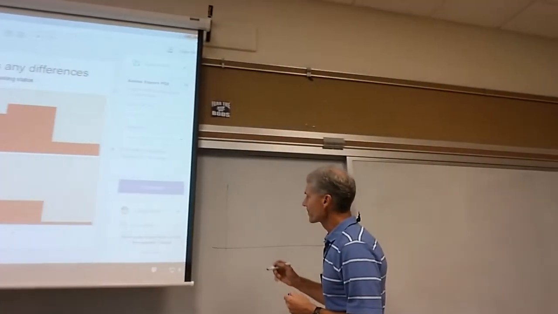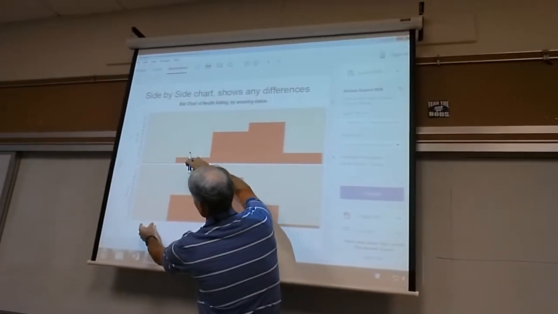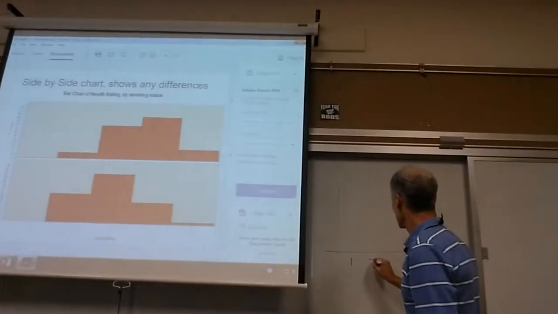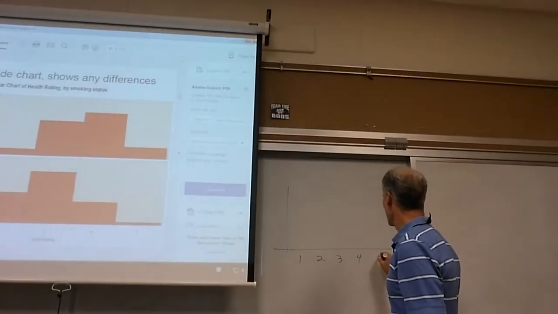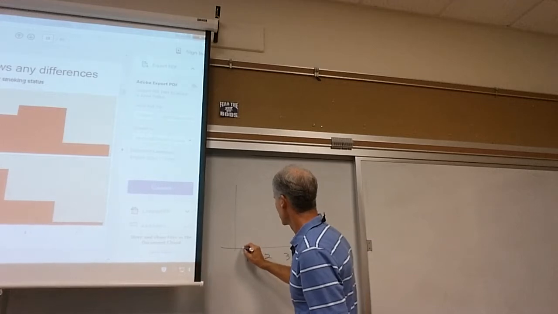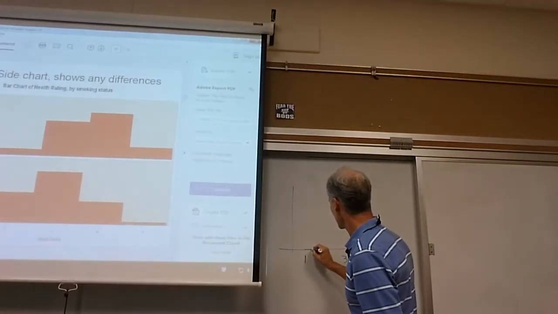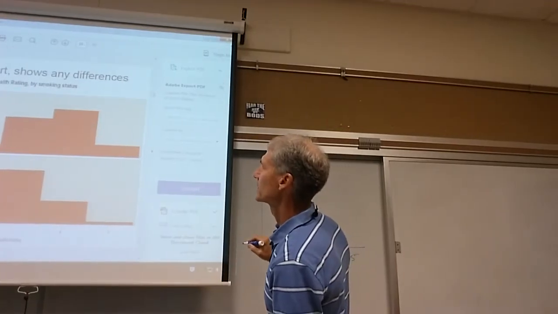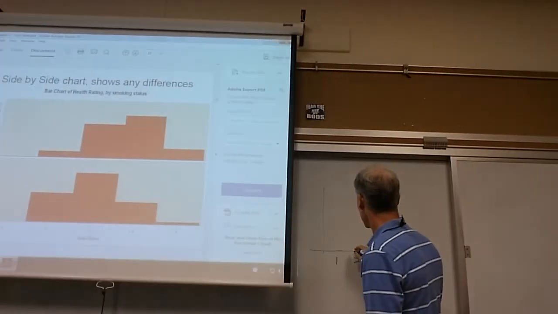is to use different colors, but set the ones next to each other. So you have a 1, 2, 3, 4, and 5. And then you have, let's see, 0, and then there's a 1. And then when we go to the 2s, it looks like, I'll make it up.